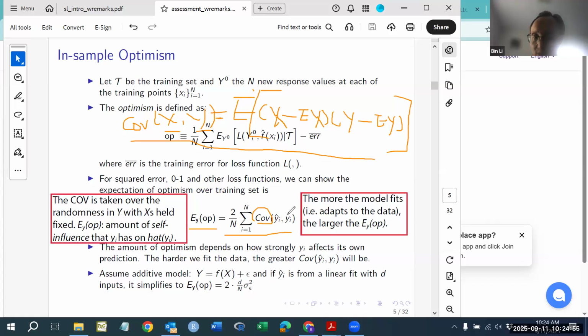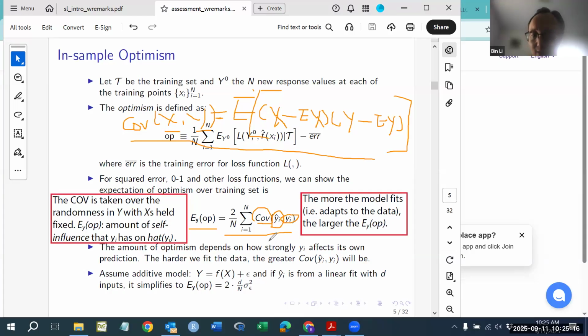So yi is a random variable. That makes sense because yi can change. Yi is random because we have an additive noise, right? But what about yi hat? That can also change because it depends on the training set, right? If the training set is different, yi hat will be different.